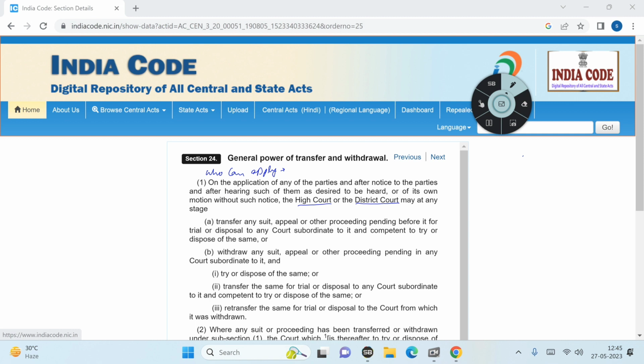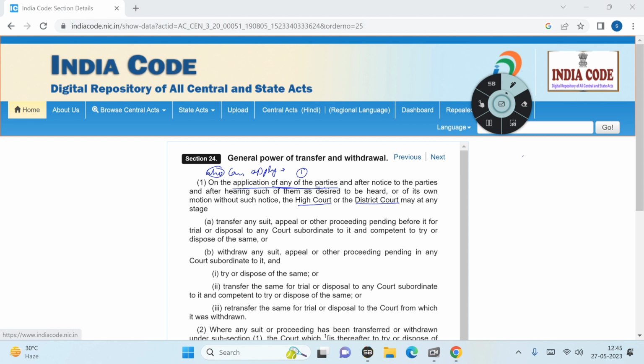How is it initiated? On the application of any of the parties, that is one. Any parties means this side or that side.